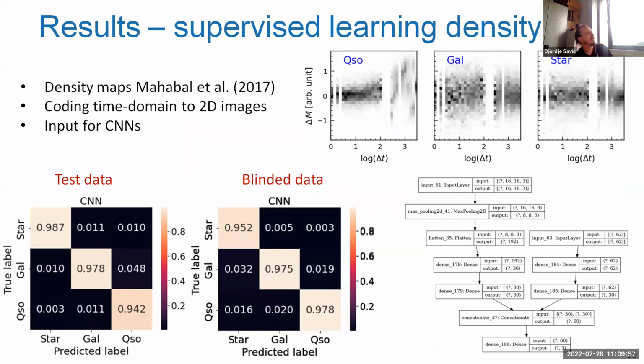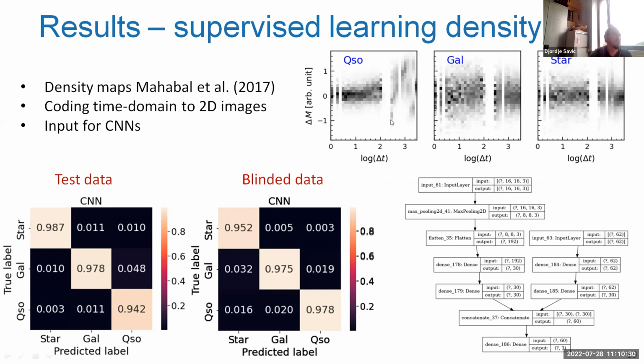There was also one experiment that Weixiang did, where instead of using the engineered features, he used so-called density maps. So the idea is to encode the raw light curves into images, basically 2D images with the change in magnitude and the change in time space.